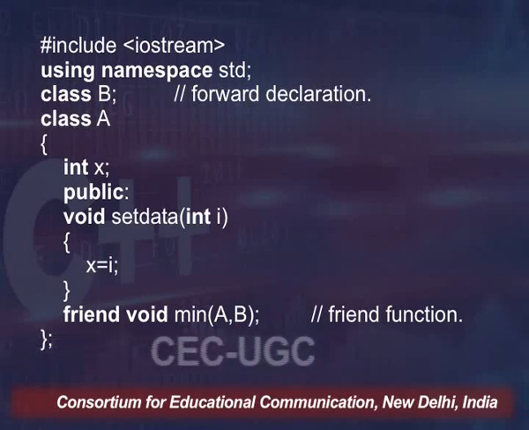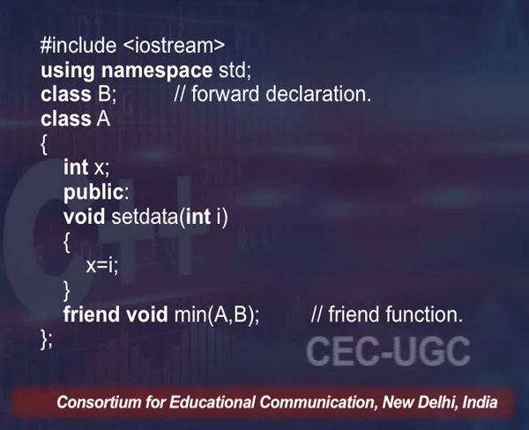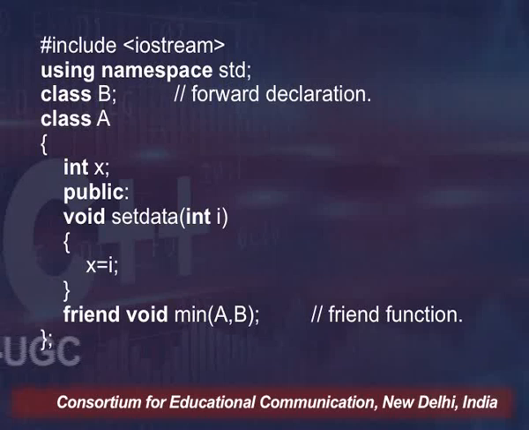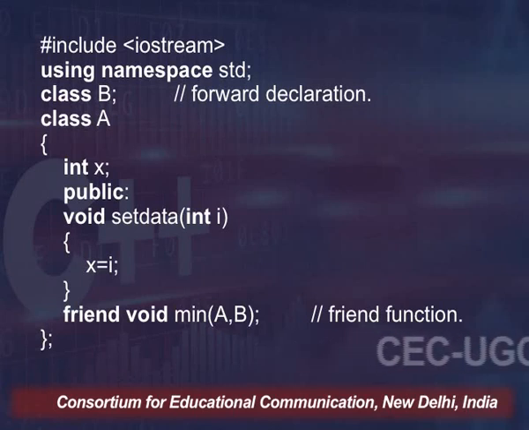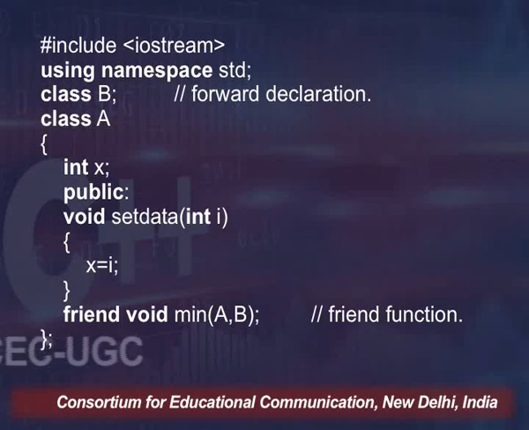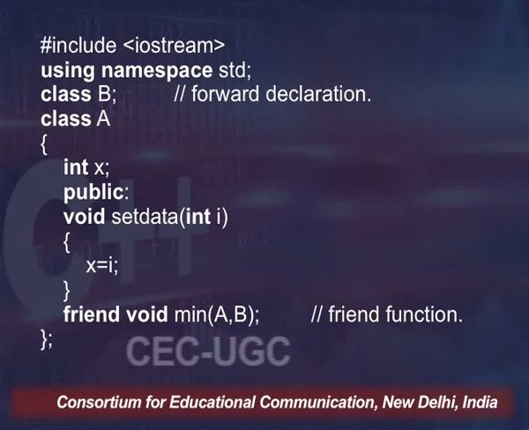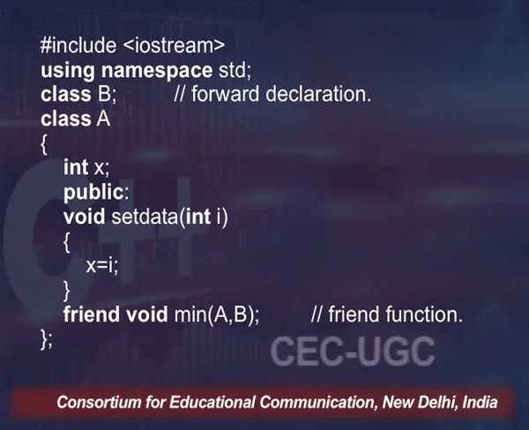There is a private member which is X, and there is a set data function which is setting the value of this X by providing it the value I, which will be passed from outside the function. As set data is public, that is perfectly fine, that set data is going to use X, that is fine.